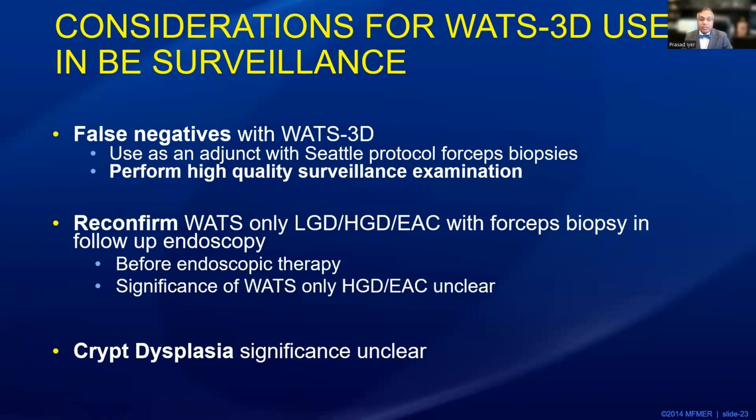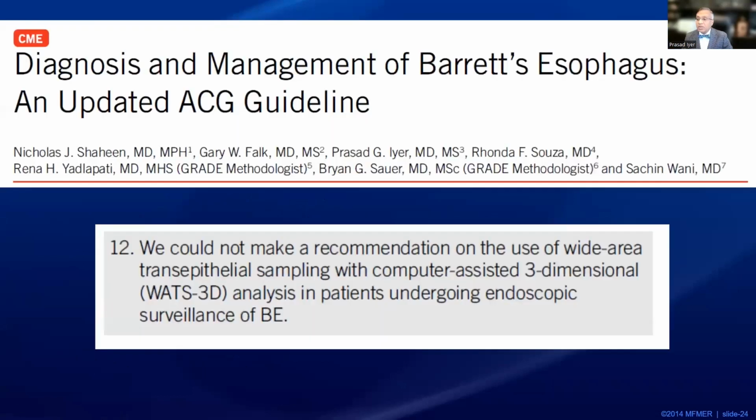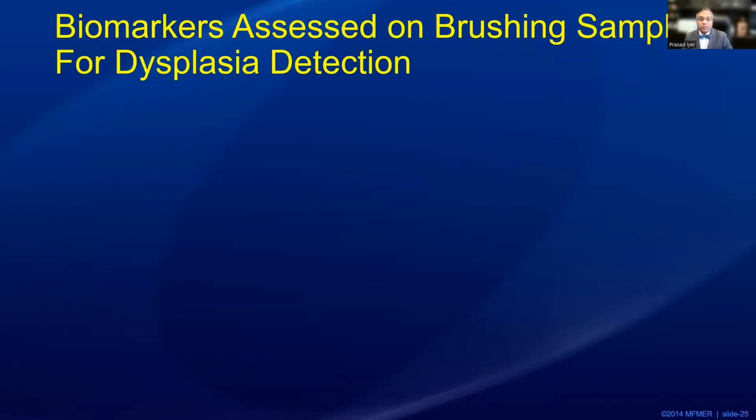And lastly, that the significance of crypt dysplasia is really unclear, and we need more data. So it was for all these reasons that the Barrett's guidelines did not make a recommendation for the use of Watts 3D at the current time in endoscopic surveillance of Barrett's.